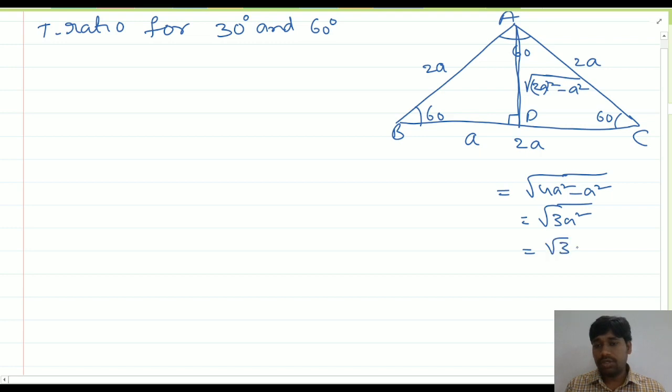Then we can write root 3 into A square, so root 3 into A. So the height became root 3A.